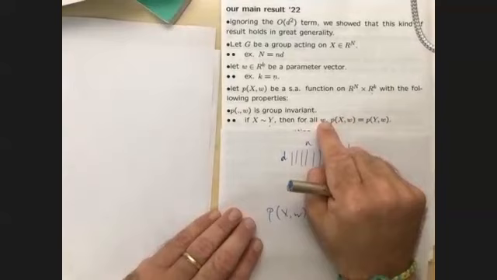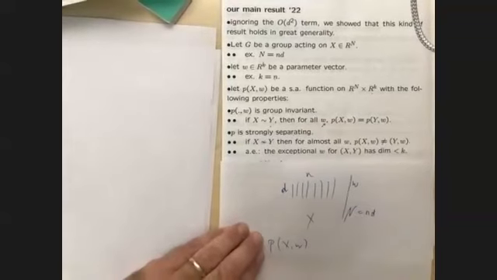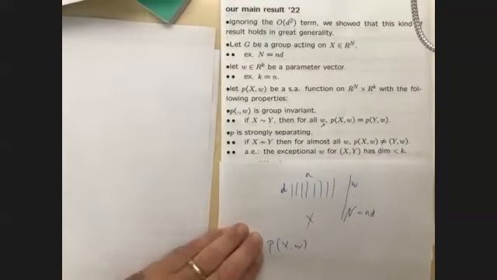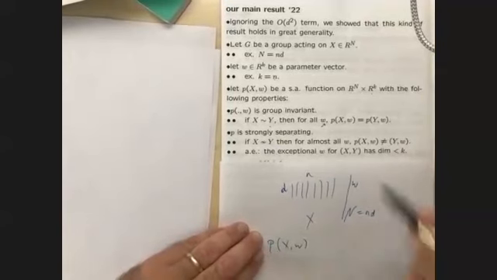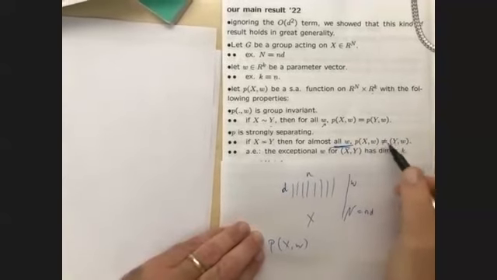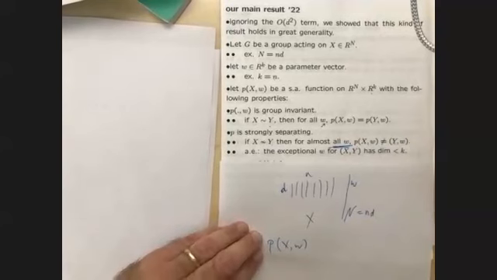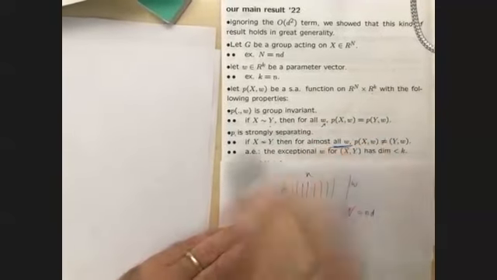Now, on the other hand, we want P to be separating, strongly separating. That means if x is not equivalent to y, these are distinct signals under my group, then for almost all settings of my parameter, my machine P will distinguish x and y. There could be some w that gets them confused and gives me the same output, but that doesn't happen easily, because P was chosen to be separating for this group.